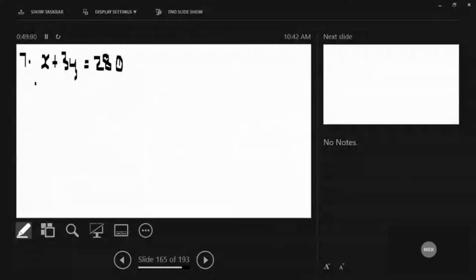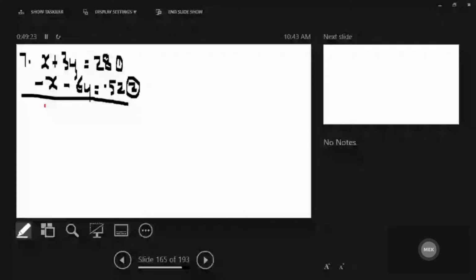And negative x minus 6y is equal to negative 52. And that's equation 2. All right. So we can use this or this.